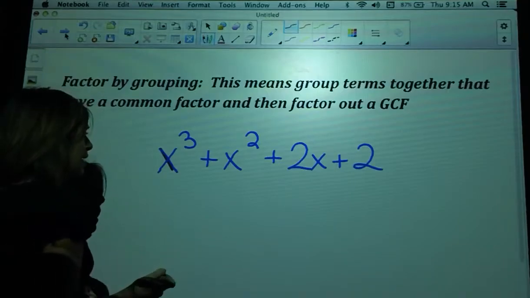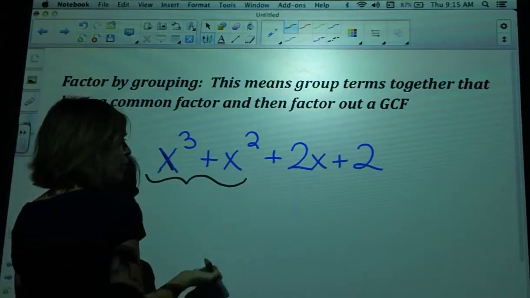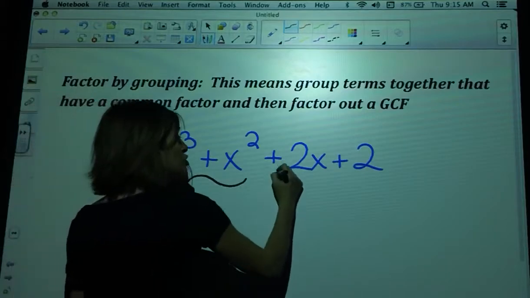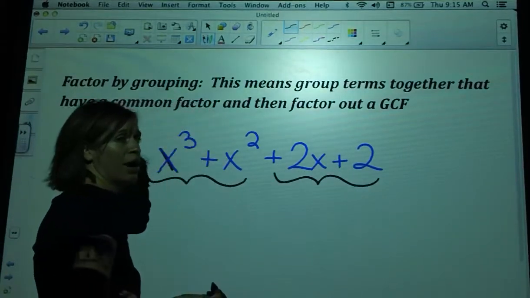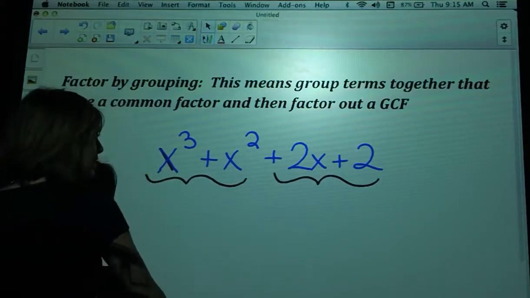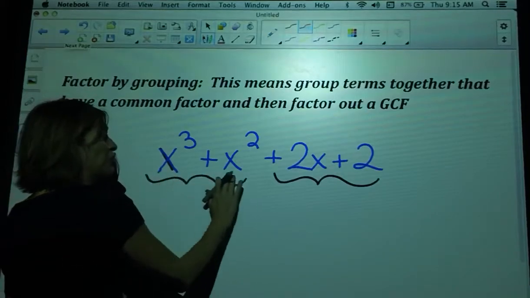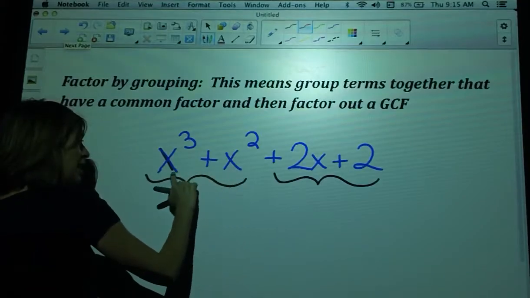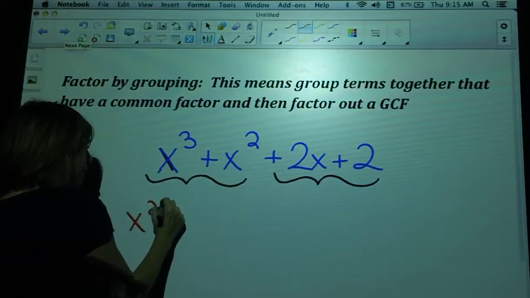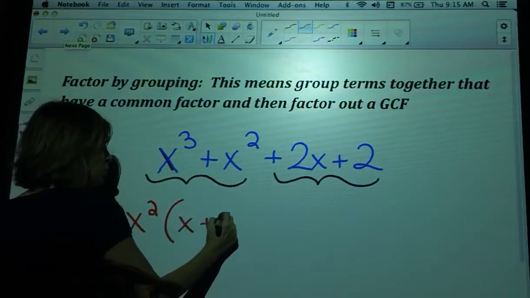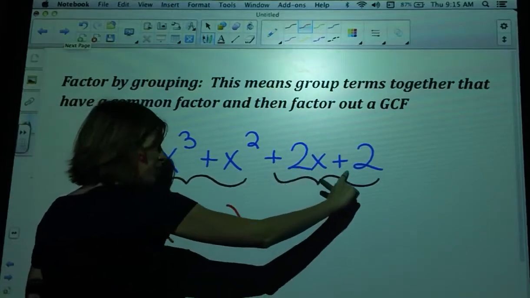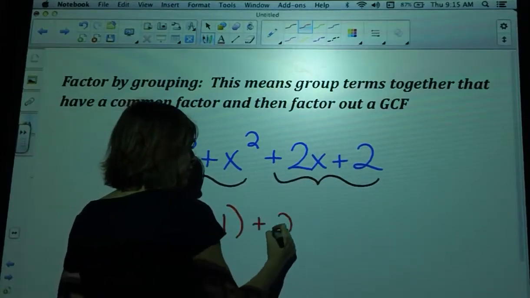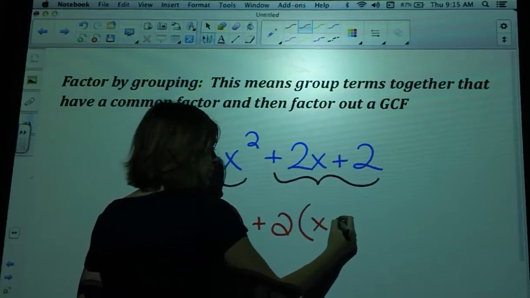I looked at it and thought, okay, x cubed and x squared have a common factor, and 2x plus 2 have a common factor. So let's see what we do. We factor out the GCF of the pairs that I put together. This GCF would be x squared. I pull it out, and I'd be left with x plus 1. I pull out the GCF here, which is 2, and I'm left with x plus 1.